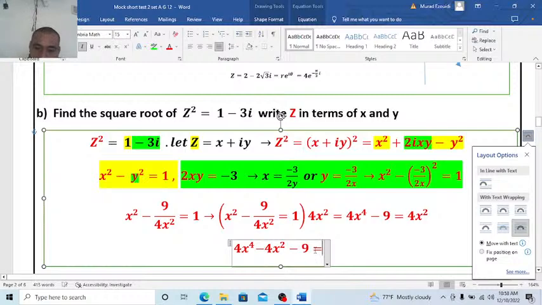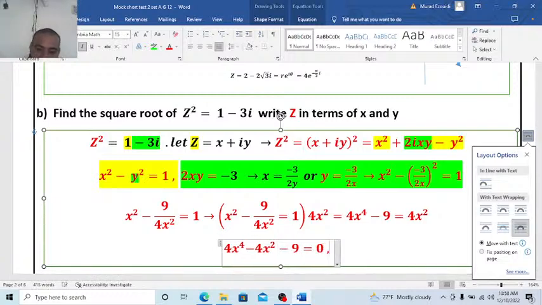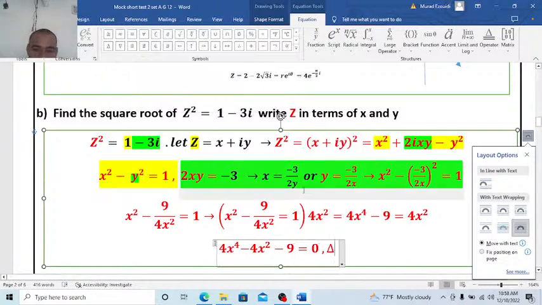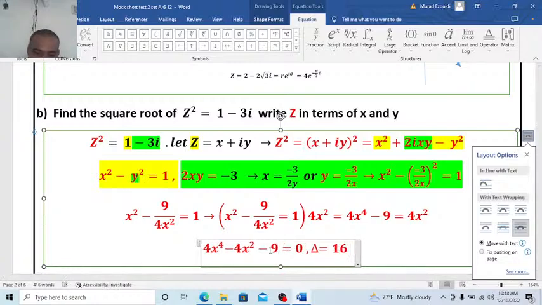Here, my learners, you can see that a now is 4, b is negative 4, c is negative 9. So delta, therefore, is what? Delta equals b squared, which is negative 4 squared, 16, minus 4 multiplied by 4 multiplied by negative 9, which is plus 144.